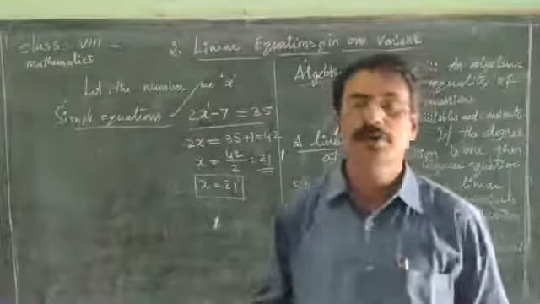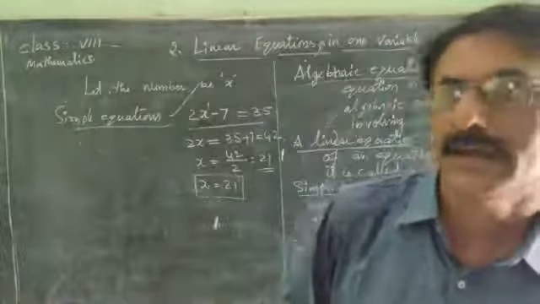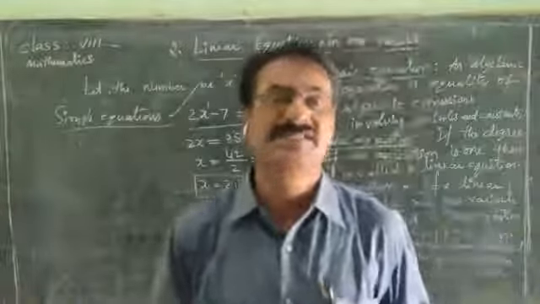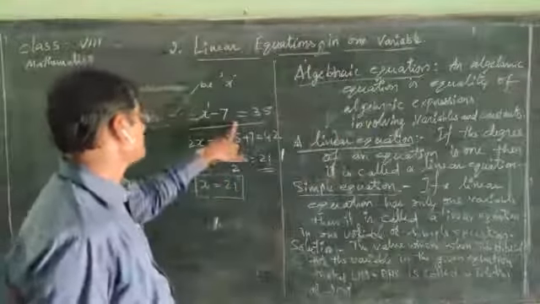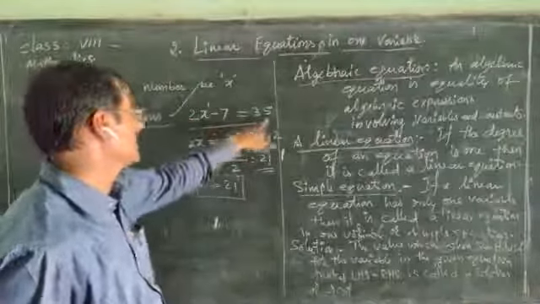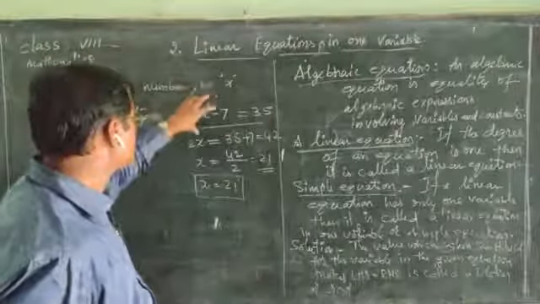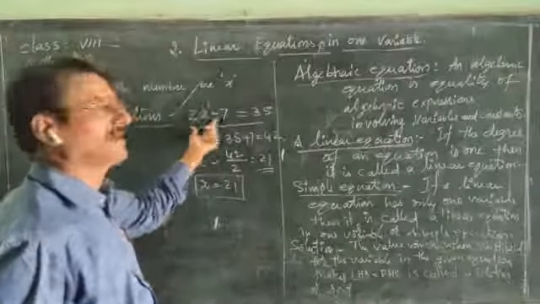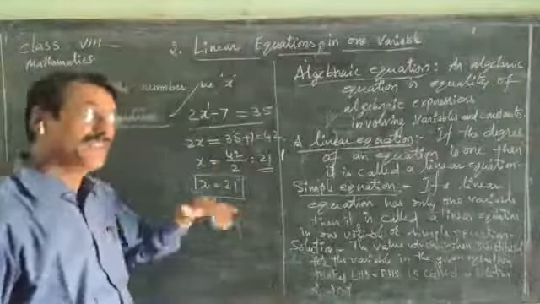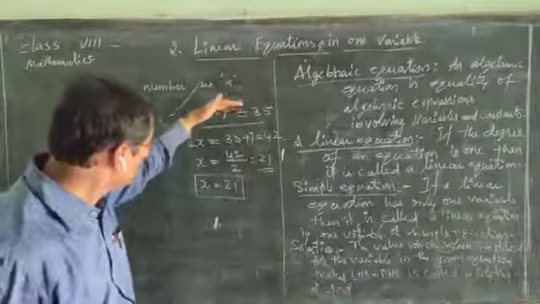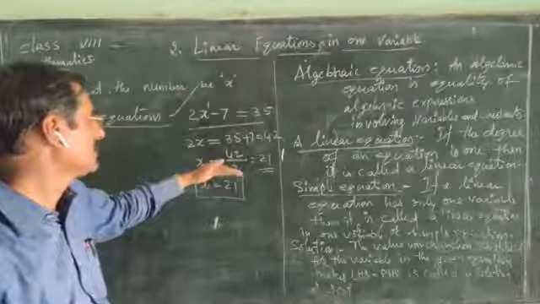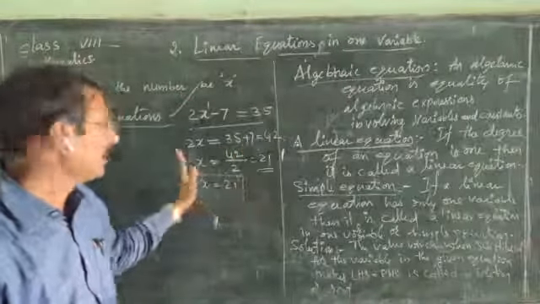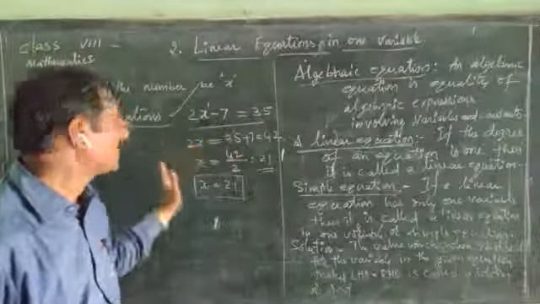Now, I am going to show you how to change terms from one side to another side. In this equation, this is the left hand side, this is the right hand side. Some terms on the left side, some terms on the right side. In this equation, two terms on the left side, only one term on the right. In solving this equation, we transpose, or send, terms from one side to another side.